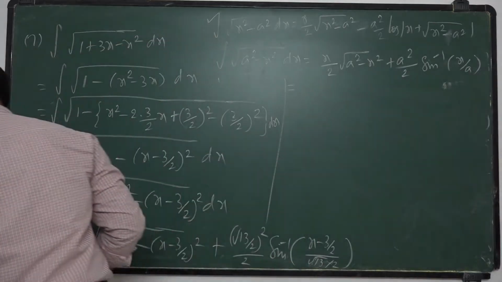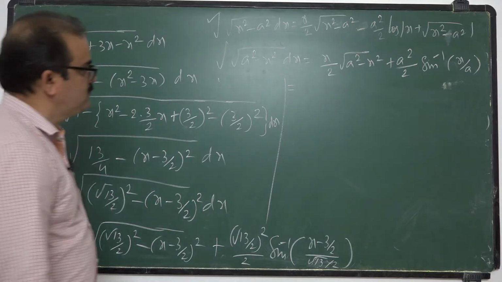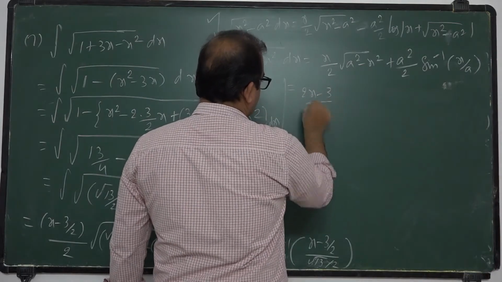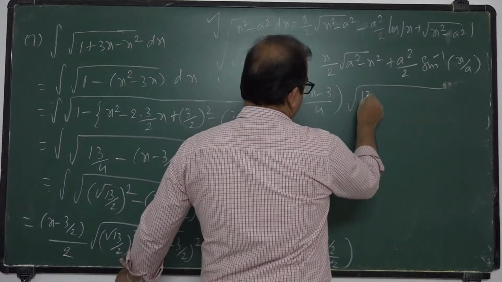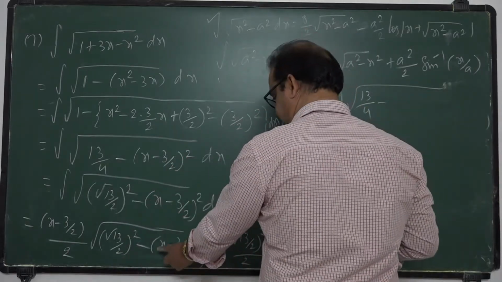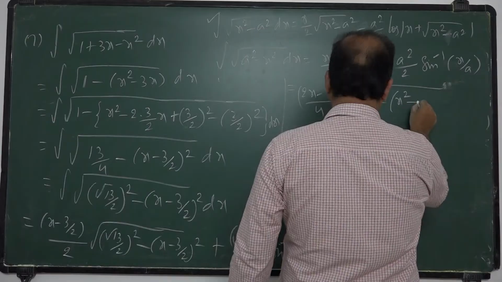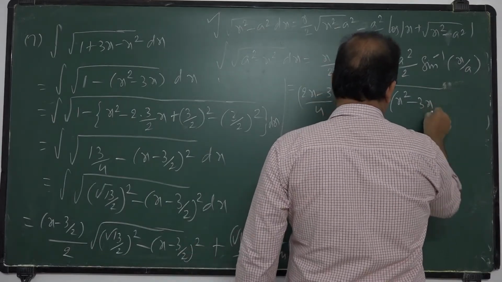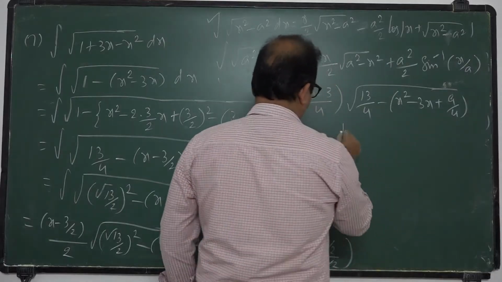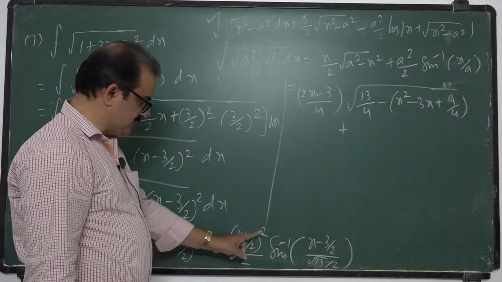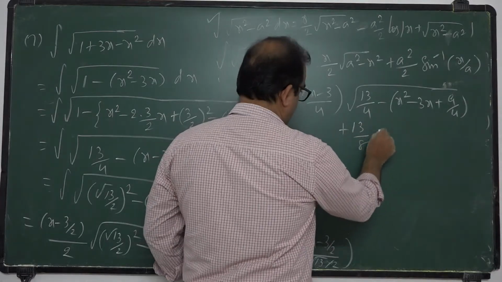That is equal to, see what is the LCM here, 2x minus 3 by 2, 2 into 2 is 4, so 2x minus 3 by 4 into square root of root 13 by 2 whole square, that is 13 by 4, minus of, expand it, it is in the form of a minus b whole square, a square minus 2ab, 2 cancel, minus 3x plus b square 9 by 4, plus root 13 by 2 whole square, root 13 square 13, 2 square 4, 4 into 2 is 8, 13 by 8 into sin inverse.